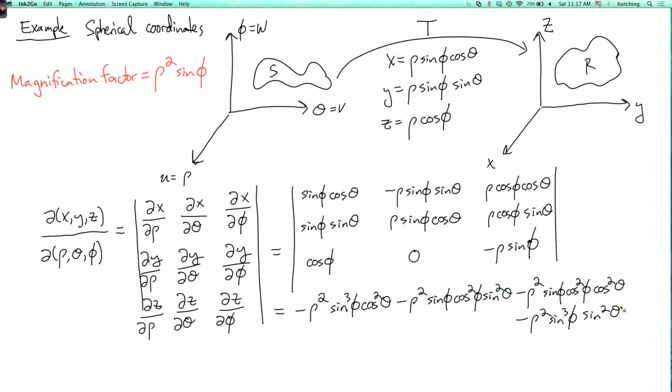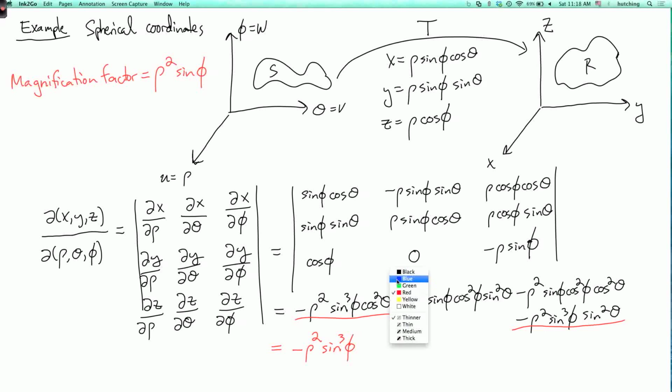Okay, so this isn't as bad as it looks, because if you look at these two terms here, they are the same except the cosine squared theta turns into a sine squared theta. So I can use cosine squared plus sine squared theta equals 1 to write the sum of the red terms as minus rho squared sine cubed phi.